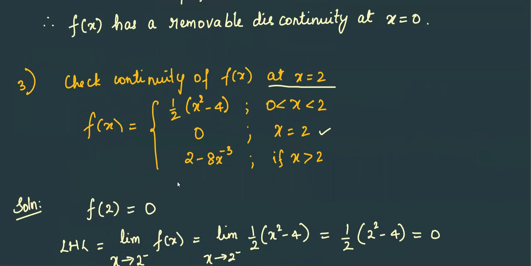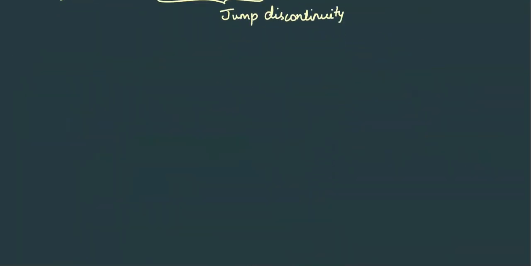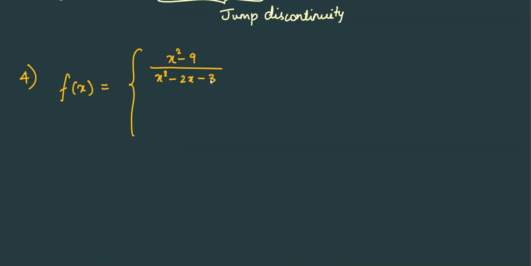Now let us consider another function. f of x is defined as x square minus 9 upon x square minus 2x minus 3 for x lying between 0 and 5, but x not equal to 3.